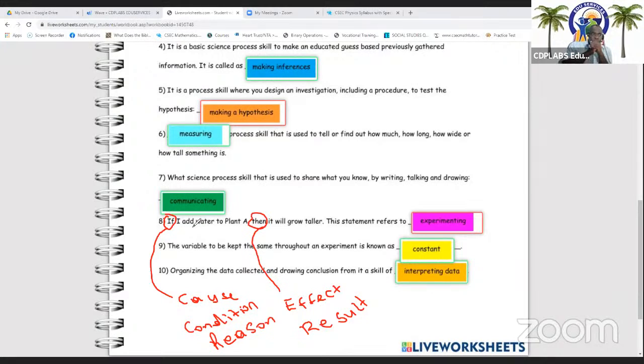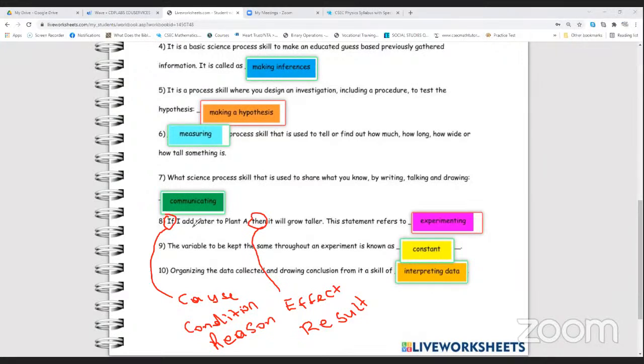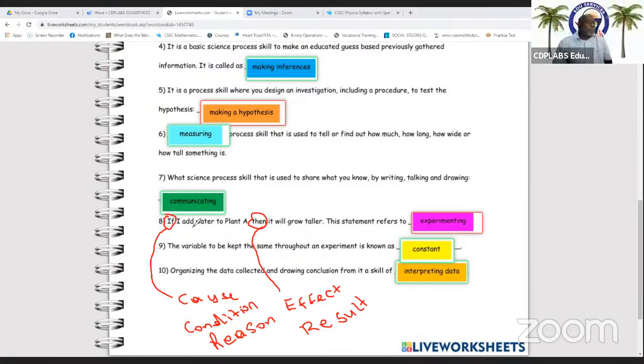Am I making sense there? Yes, sir. Good. So if you use this strategy, you will see that reading the information becomes easier and you'll be able to understand it much better, but you have to utilize the approach. Now, where the then is concerned, that would be the effect or the result.